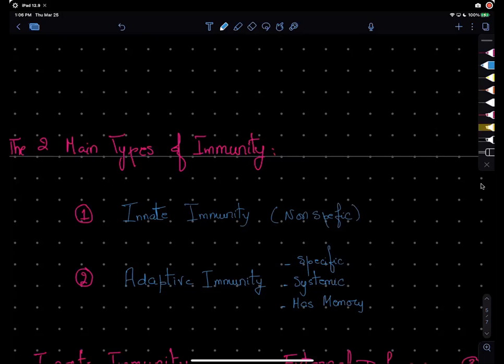So adaptive immunity has three main characteristics. It is specific, it targets pathogenic cells specifically, it's systemic, it reaches everywhere, it is conducted through the blood, and it builds an immunological memory. It has memory. Great.